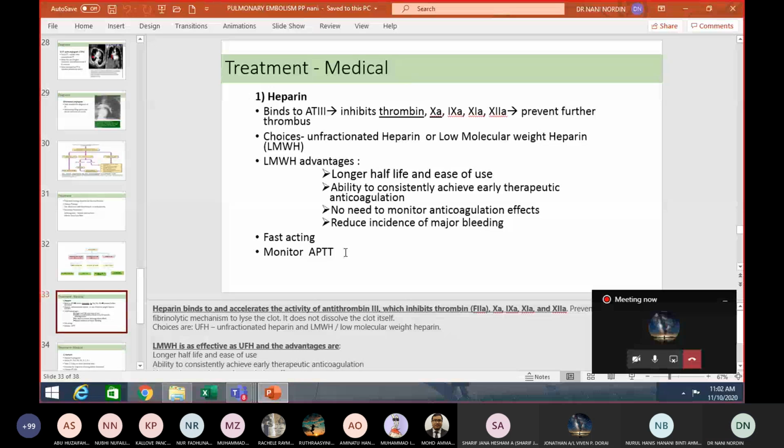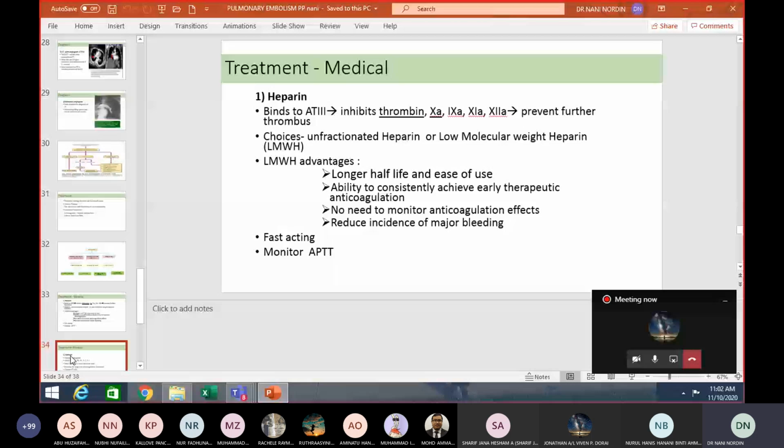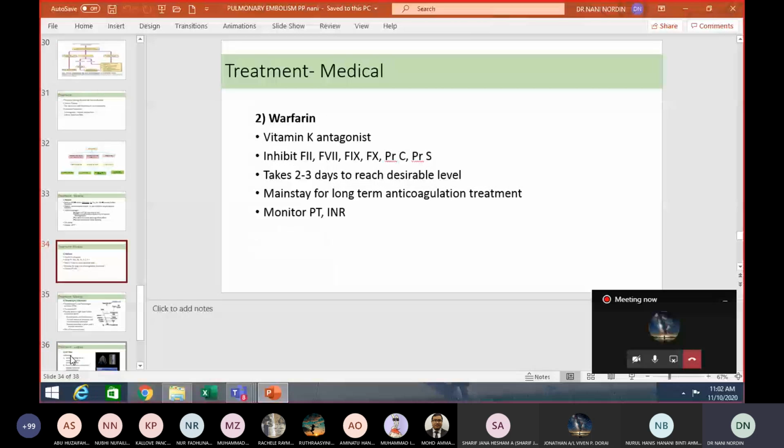All right. Another anticoagulant is warfarin. Warfarin is a vitamin K antagonist, so it works through vitamin K. It inhibits these 4 factors. In the notes that I gave you, I put factor 5, so there was an error. I will give it again. It's actually factor 2, 7, 9, 10.